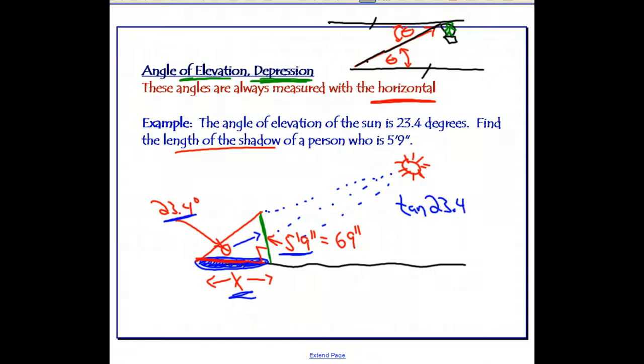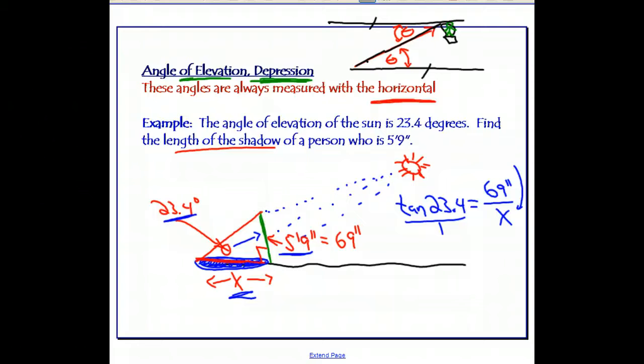Good news, I don't need inverse trig functions. Is the opposite 69 inches over the adjacent, which I don't know. Okay, you would have practiced this in the first video, but when I have something like this with a variable on the bottom of the fraction, I'll write this as a proportion. How do you solve proportions? You cross multiply.